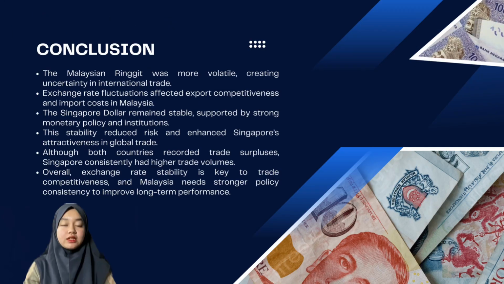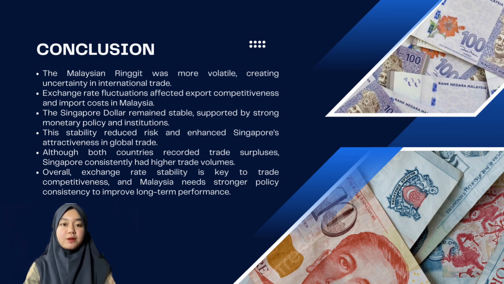In conclusion, this study compares Malaysia and Singapore from 2019 to 2023 in terms of exchange rate movements and trade performance. The Malaysian ringgit experienced higher volatility, which created uncertainty in international trade and affected export competitiveness as well as import costs.